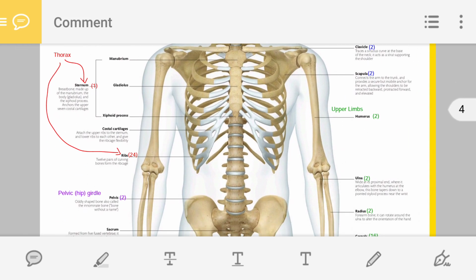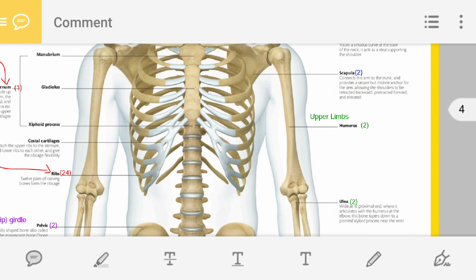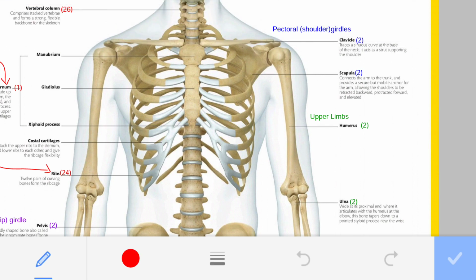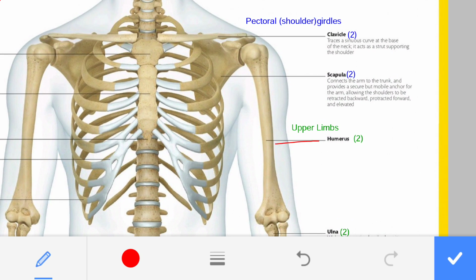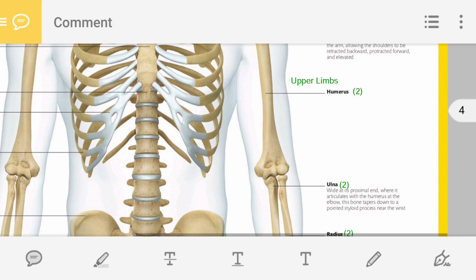Now I am showing you the bones of the upper limbs, that means the bones of our hand. This bone is the humerus. This one is the humerus and this one is also humerus. So 1 plus 1, 2 humerus bones are there in the upper limb.